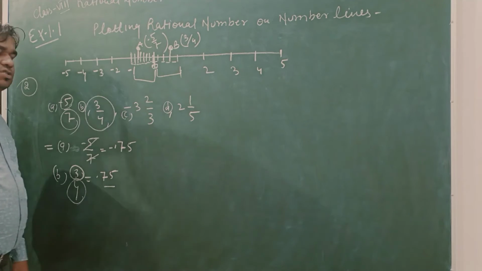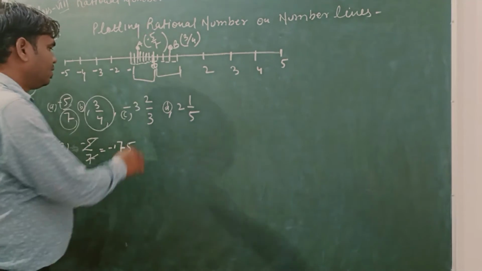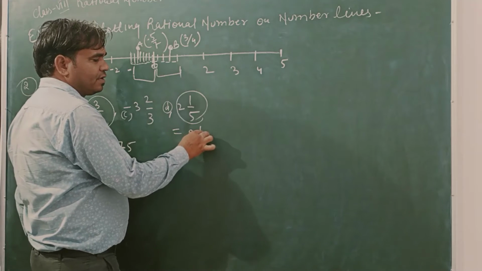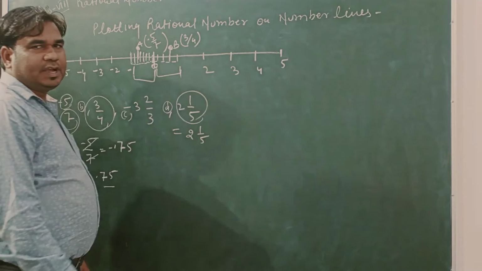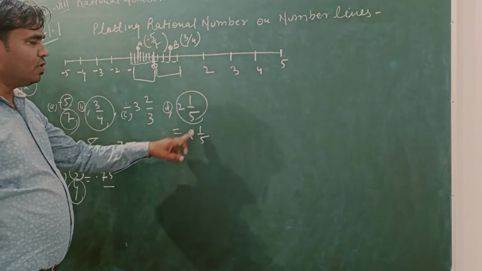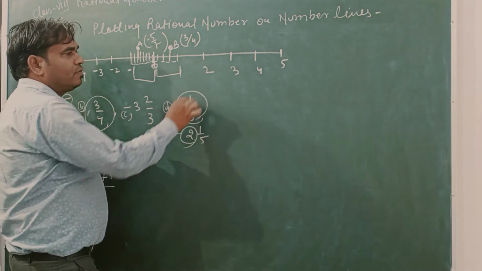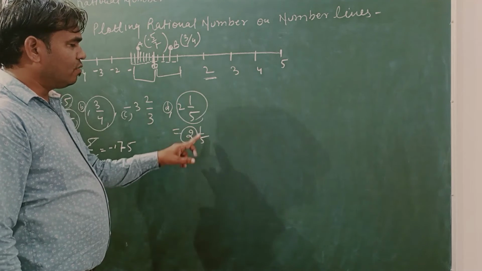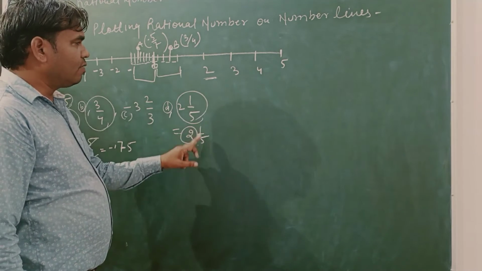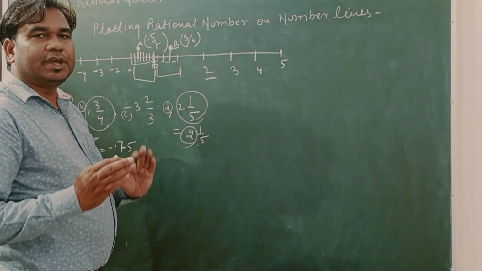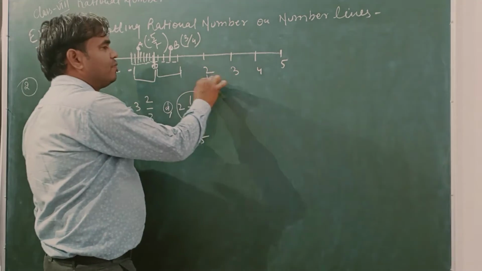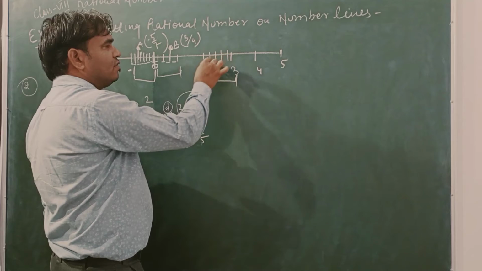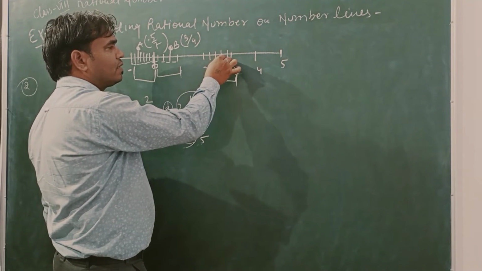And after that, students, you see 2 1 over 5. So 2 1 over 5 we can take here. This is the whole number 2, here. And after that you see 1 over 5. So 1 over 5, it means we have to make this part here, and then divide it 5 times: 1, 2, 3, 4, and 5.